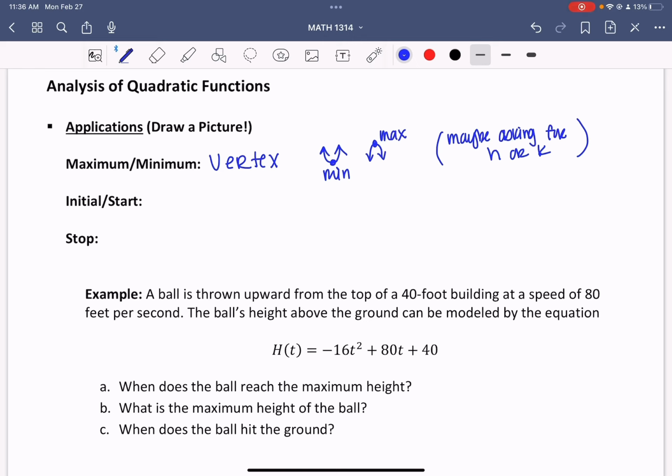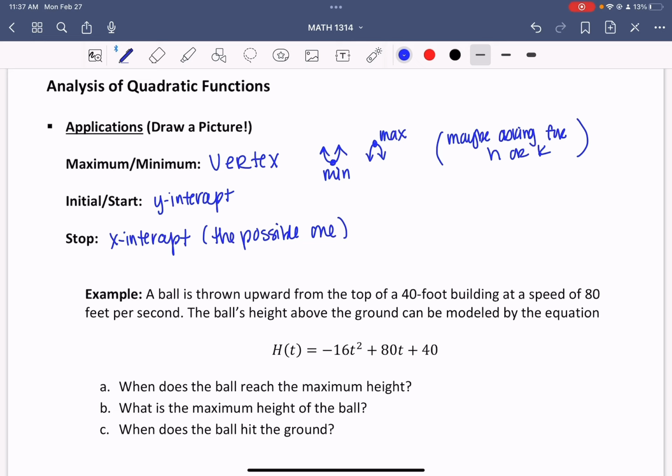If in the application problem it's talking about the initial or starting value, it's going to be representing or trying to show you what the y-intercept is. If we're looking for a stop, this is going to be when we're looking for the x-intercept. We have to look at the possible one.